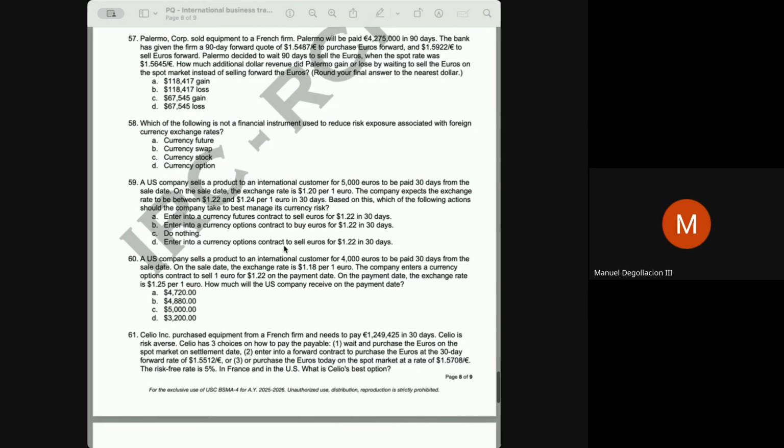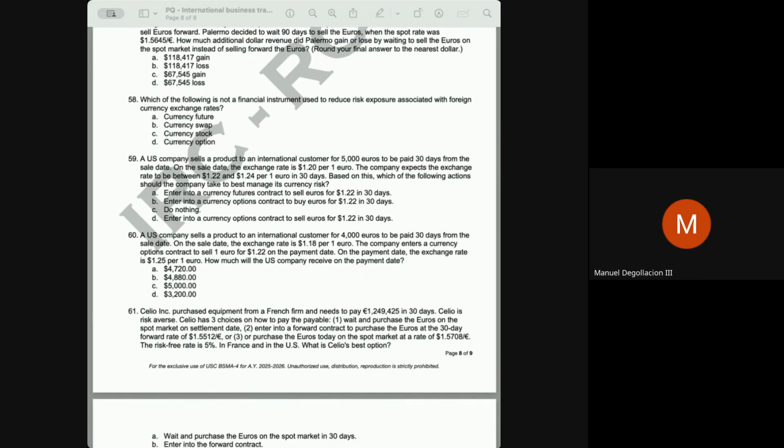And then 59. I'll give you the answer to 59. This is letter D. Enter into a currency options contract to sell euros for 1.22 in 30 days.